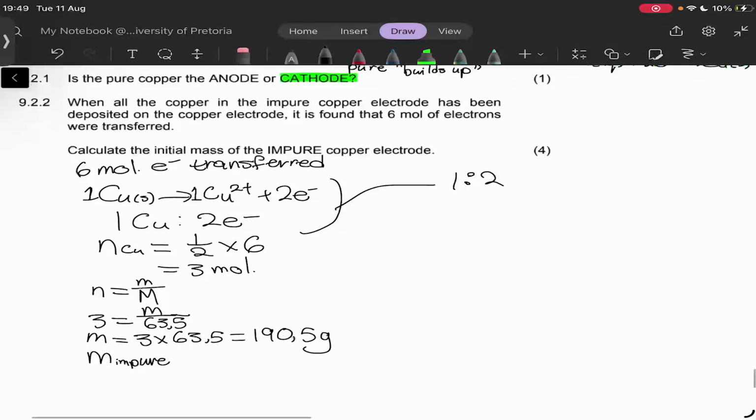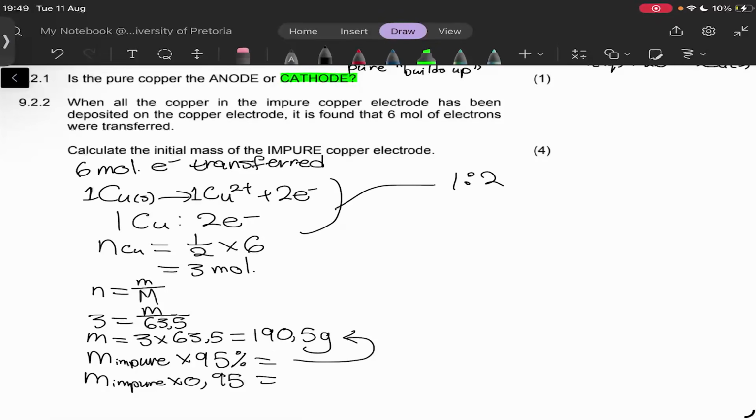The total mass of the impure copper electrode, 95% of this will give us what we worked out above. So in other words, M impure times 0.95 is going to equal 190.5 grams.